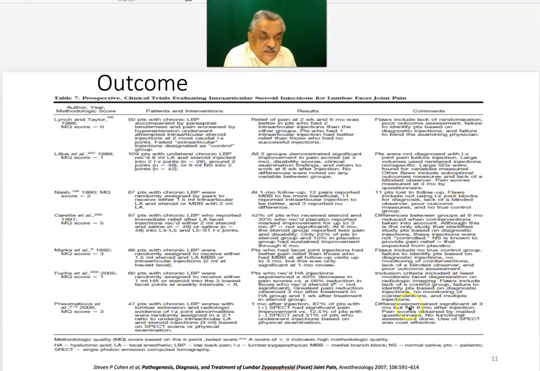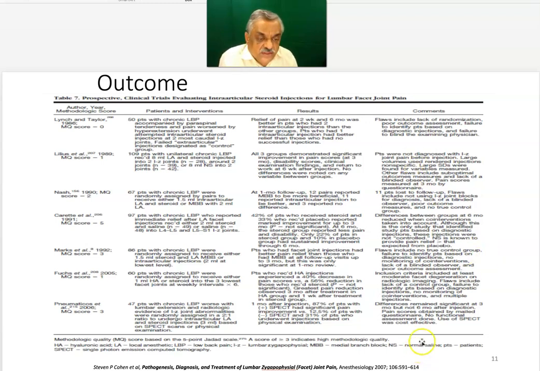The comments are: flaws include lack of randomization, poor outcome assessment, failure to identify the patients based on diagnostic injection, and failure to blind. Now, this is the usual talk where everyone wants a randomized controlled study, which is not very valid when you are doing these studies in a patient who is awake and aware.